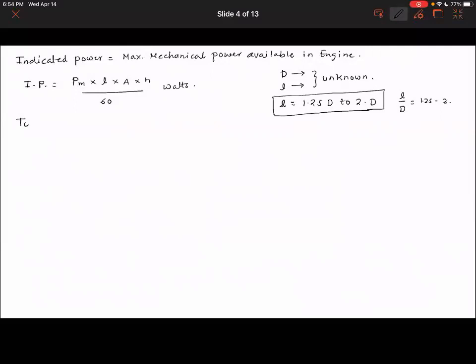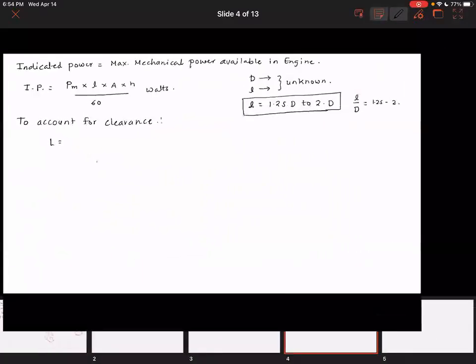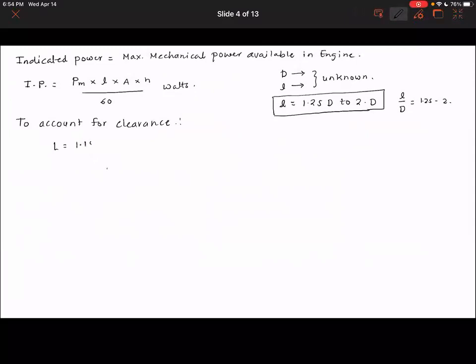So to account for clearance, the length of the cylinder L is considered as 1.15 times the stroke length L. So this is the length of the cylinder.